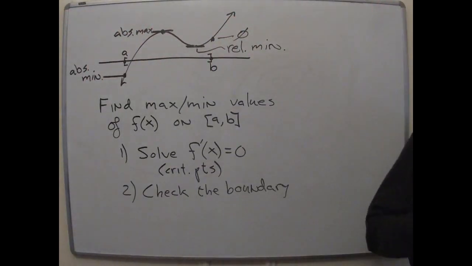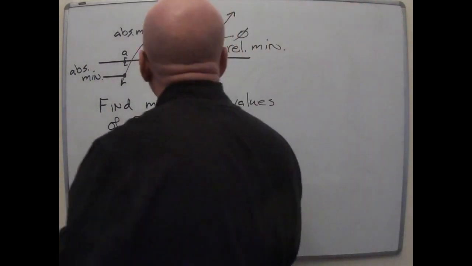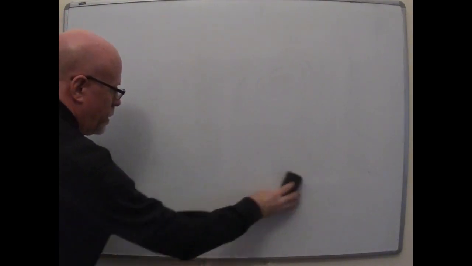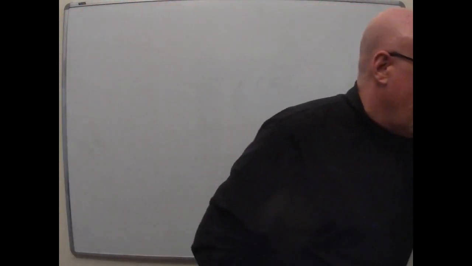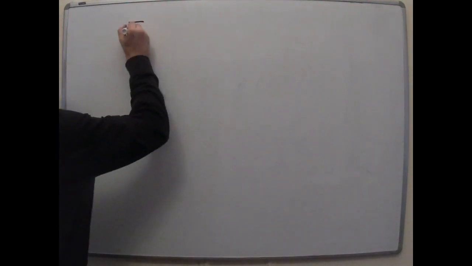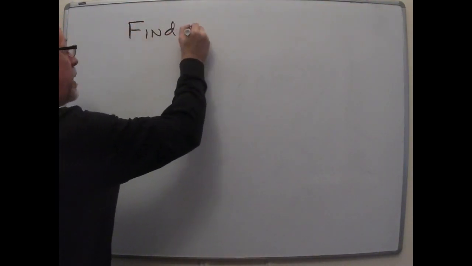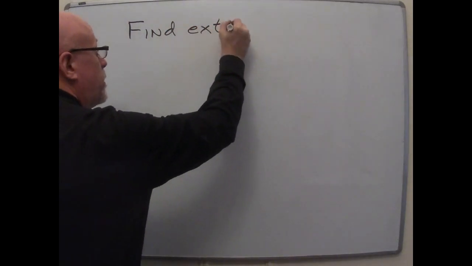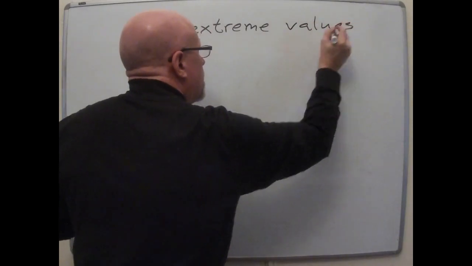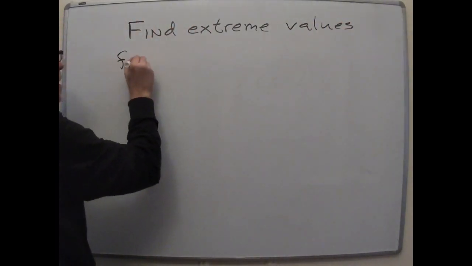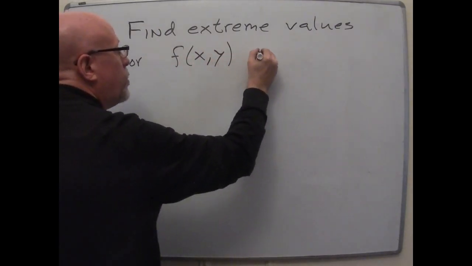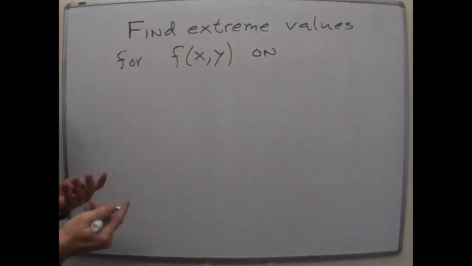Well, conceptually, what we're going to do in the multivariable setting is kind of the same. So here's the idea. You're going to have a function. So we're going to find extreme values again for a function of two variables on some particular region in the plane.